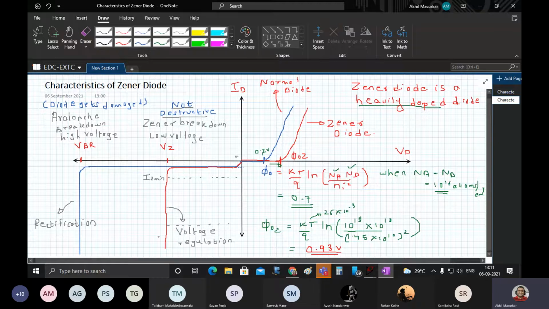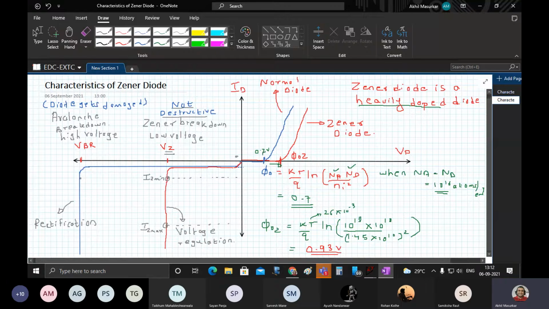Always we will have min and max values. The voltage across the zener is always constant. So you can have a variable current flowing through the device, but the voltage across the zener is going to remain constant.